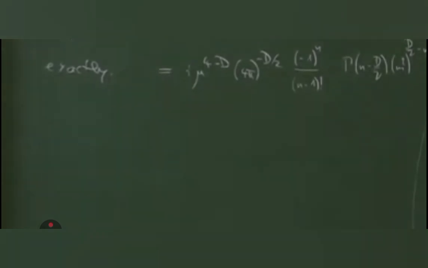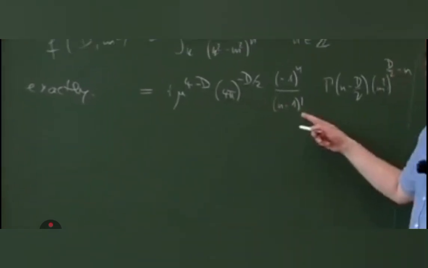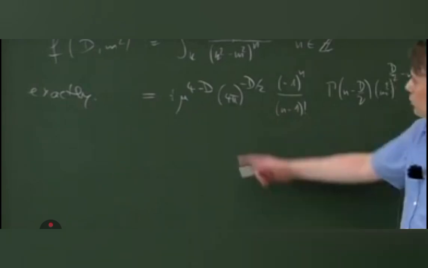Now you see the first three factors are kind of uninteresting. They are just standard constants raised to some powers. The interesting part is really the combination of these two factors here, the gamma function and the power of the variable m square. So let's highlight this. F of d and m square is proportional, up to trivial factors, to gamma of n minus d over 2 times m square to the power d over 2 minus n.